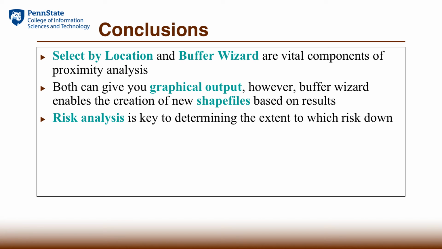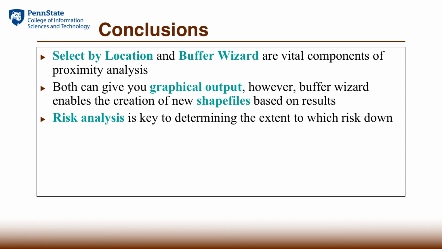Normally, buffer analysis can generate the concept of near in permanent storage, and you can use that for multiple analyses of what's nearby. Select by location is more temporary, but you can also generate the output of the features and store them.